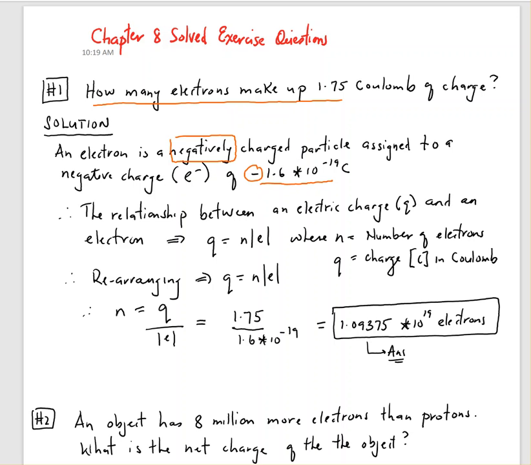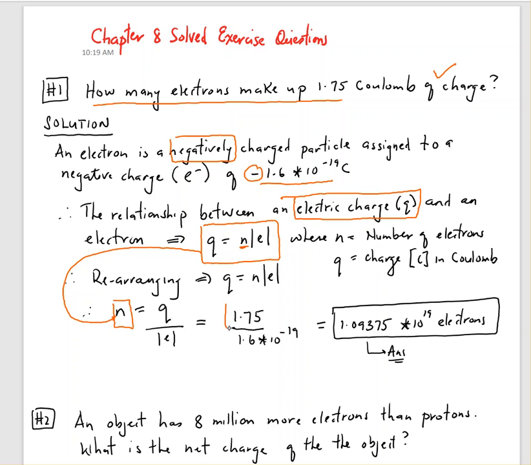Now, the relationship between the actual electric charge, denoted as Q, and the electron can be expressed in this equation here, whereby your charge is nothing more than the product of your number of electrons times the electron value itself. If you rearrange this equation and solve for n, the number of electrons, we can solve problem number one.